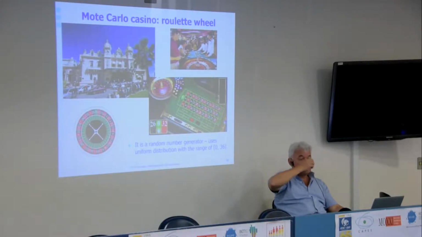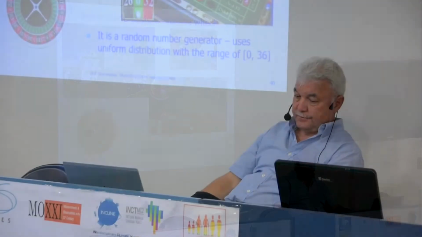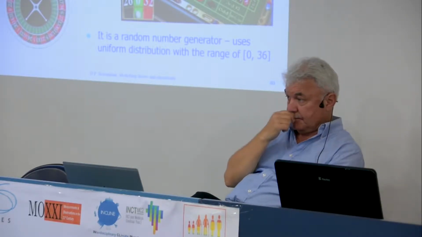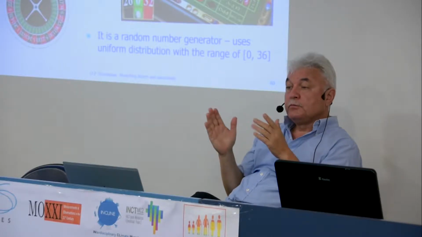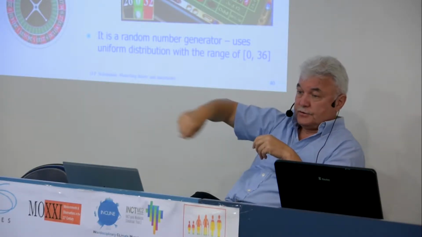If you say it will stop at number 25, the probability that it indeed stops at any given number would be 1 divided by 37. 0 to 36, 37 options, which are equally probable. So that's a random number generator using uniform distribution, uniform across this circle.